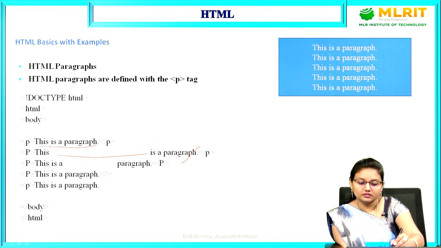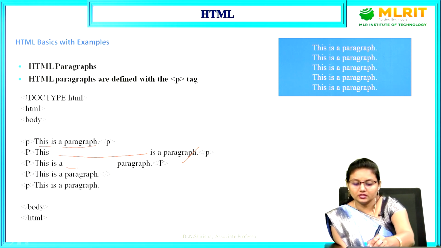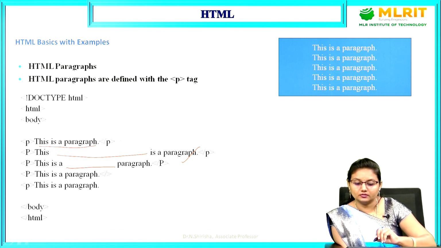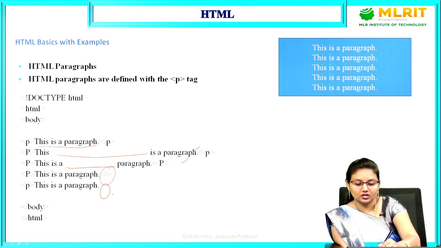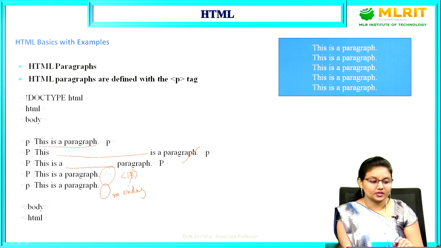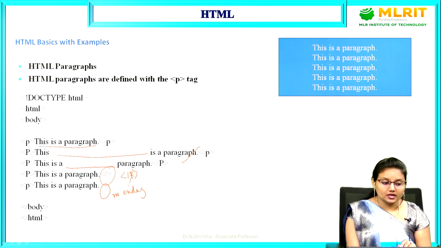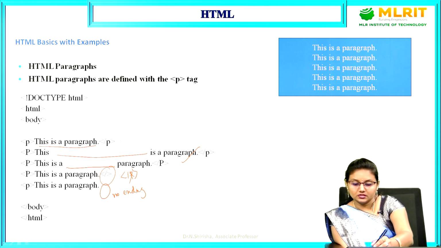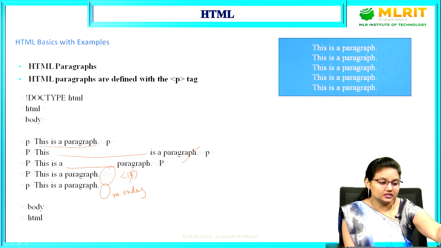So both, and if you see here, here also you have a smallest space. And this is a paragraph where you have not closed the P tag, and here no ending tag. Okay. Here no ending tag, and here no P tag, right? But here what is happening? So whatever the spaces you are giving, it is displaying this is a paragraph in a statement at a stretch.